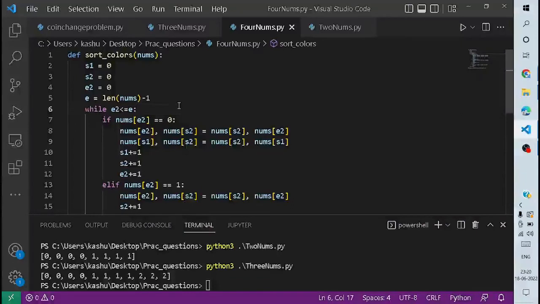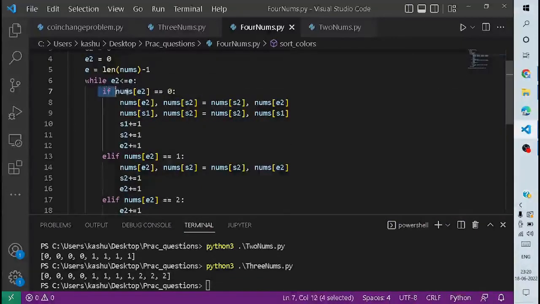Here what we'll do is, once 0 is encountered, we have to make sure that 0 goes at the start, but 0 is not just exchanged with the first element. It is exchanged in a sequential manner.